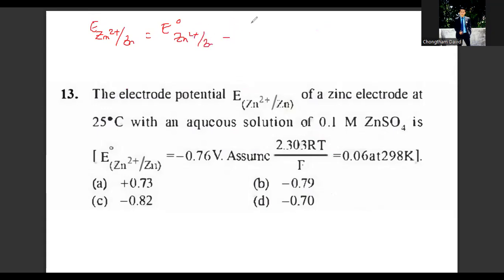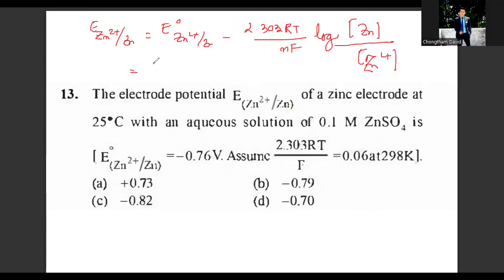Anything that is known to you is called standard, be it temperature, be it pressure, anything with a known quantity at standard condition. Then log of anode, or you can say metal by metal ion, which is your basic Nernst equation. Substitute the values and you can easily get the answer. It's not difficult, right?